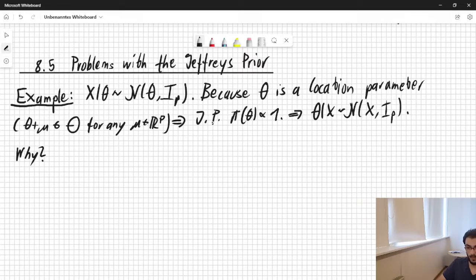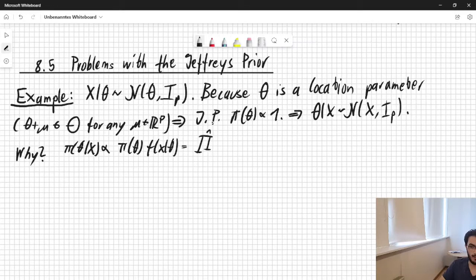Because the posterior is proportional to pi of theta, which is just 1, times the sampling distribution. But the sampling distribution has this weird symmetry between x and its mean.